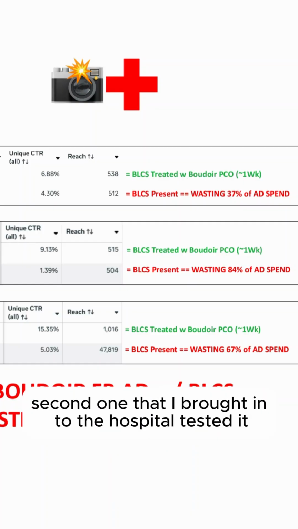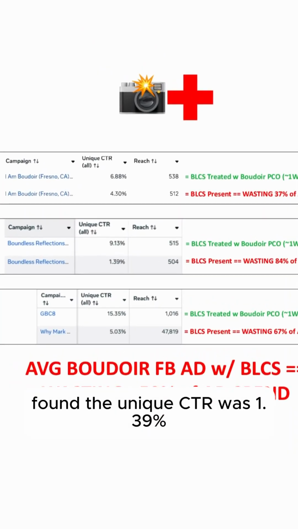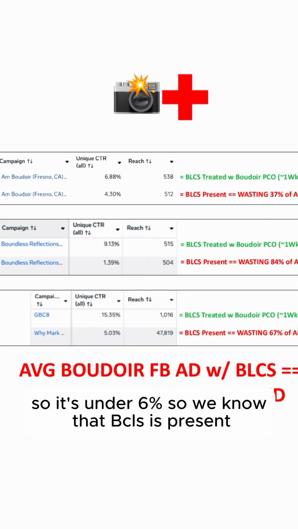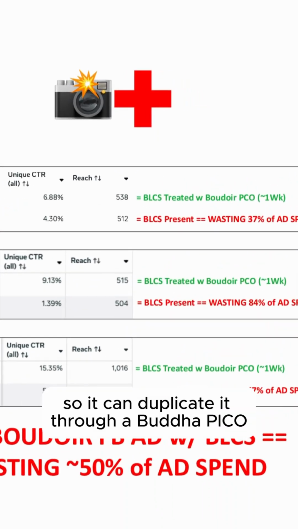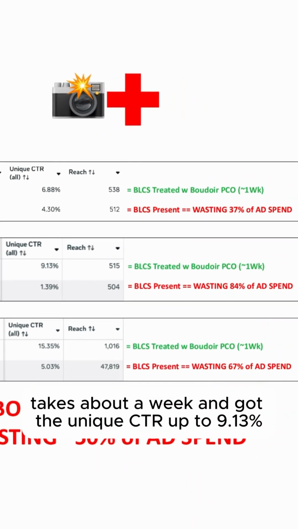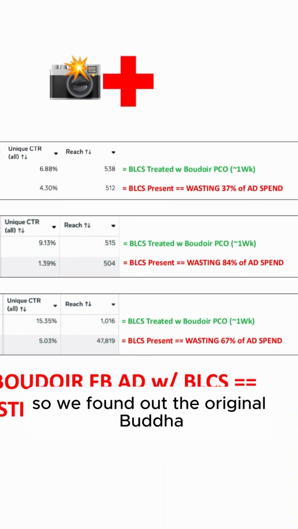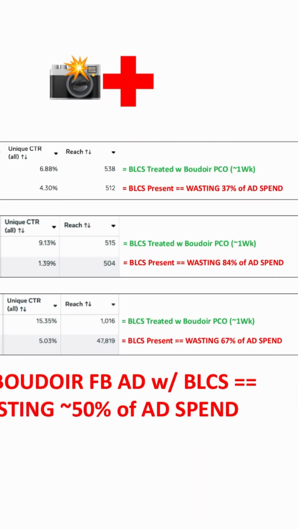All right, second one that I brought into the hospital, tested it, found the unique CTR was 1.39%. So it's under 6%, so we know that BLCS is present. So we duplicate it, treat it with boudoir Pico, it takes about a week, and got the unique CTR up to 9.13%. So we found out the original boudoir Facebook ad was wasting 84% of ad spend.